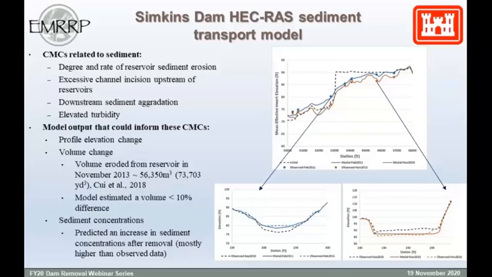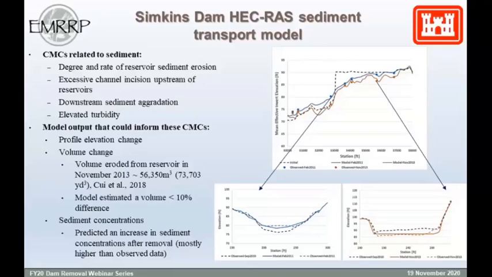An important thing to notice also is that by November 2013, that initial aggradation that occurred right downstream of the dam, that sediment continued to move downstream. So in that location, the profile went back to close to what it was initially.